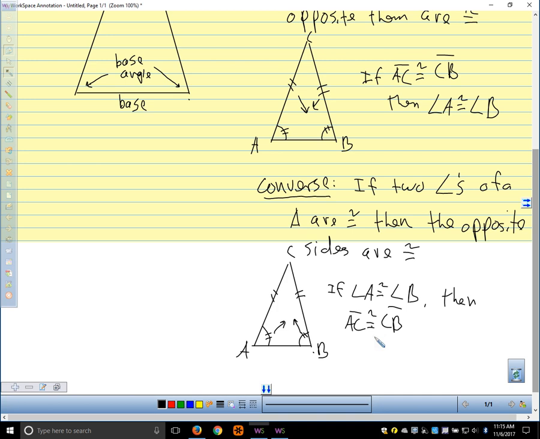So congruent sides mean congruent angles mean congruent sides. All right, so questions there?